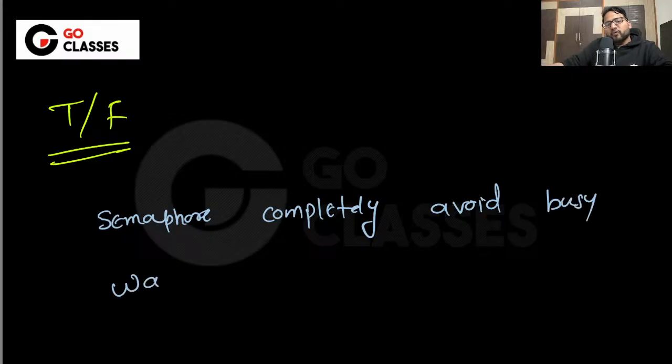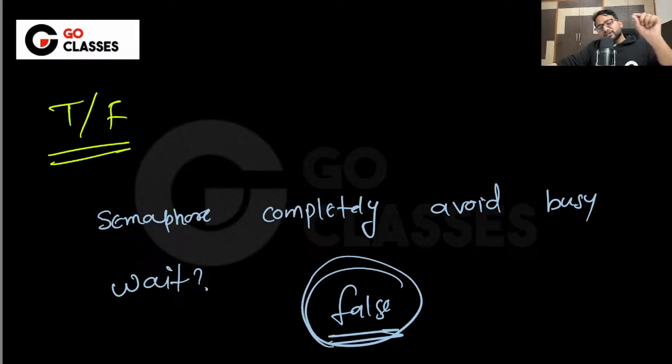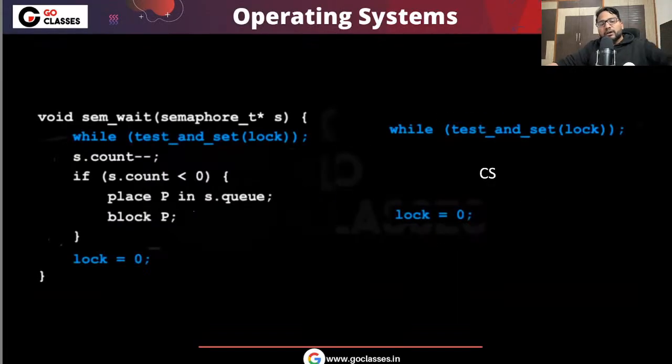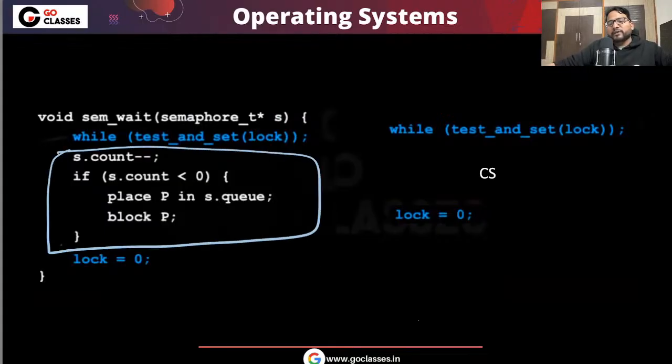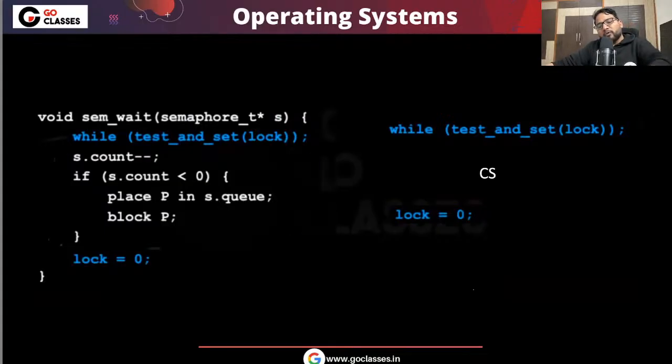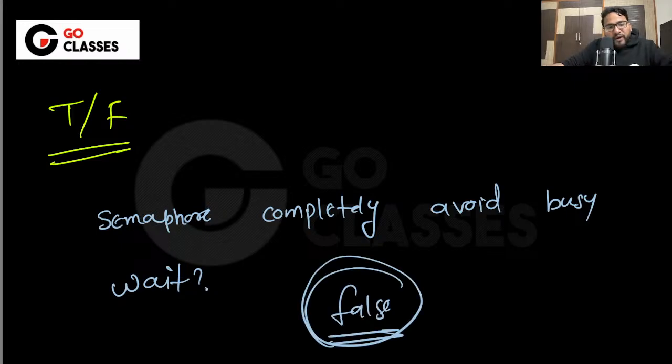Tell me, is this true or false? This is actually false. It doesn't completely avoid it, in the sense that there is just a very short busy waiting, only for this short period of time. So hence it is false.